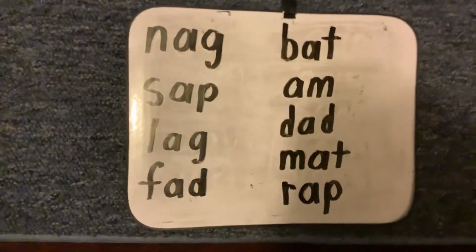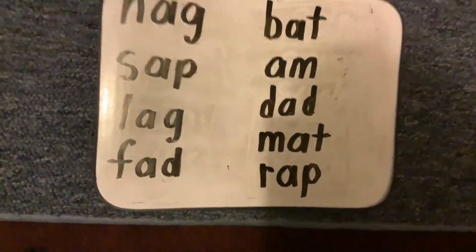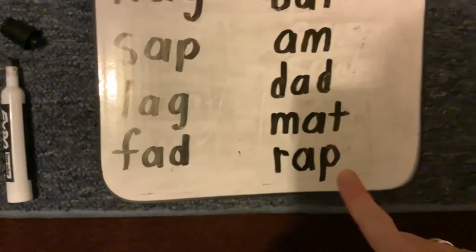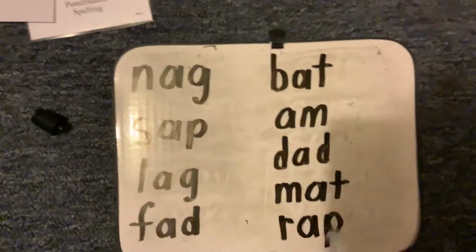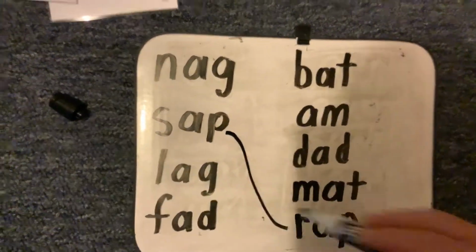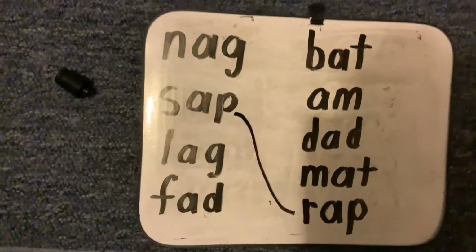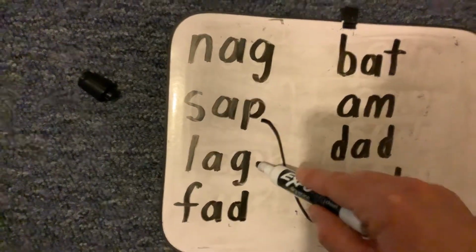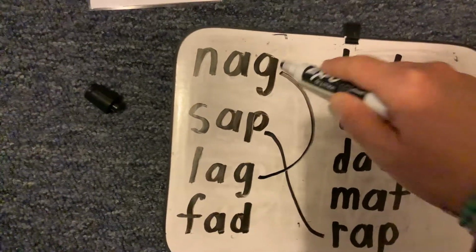Let's see, do we have any rhyming words? Any rhyming words where it has the same vowel and the same ending consonant? Ooh, I see some. Sap and rap. They're both in the ap family. Lag and nag.